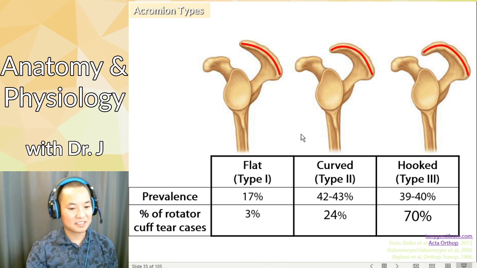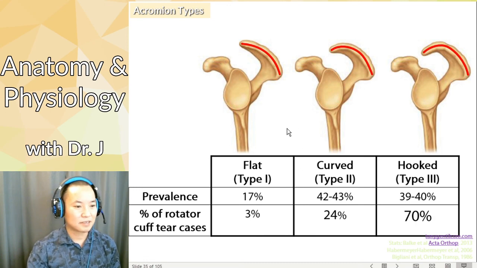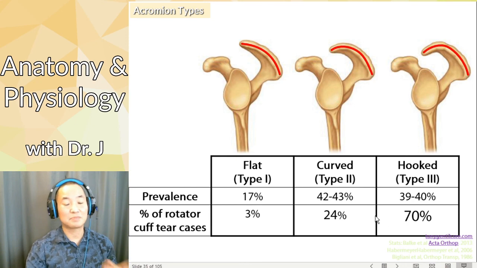But I should update whether that actually has better outcomes. But yeah, just by anatomy, just by a different acromion shape, someone can be predisposed to more rotator cuff tear cases. That's why anatomy is very important, especially if you're going into physical therapy.